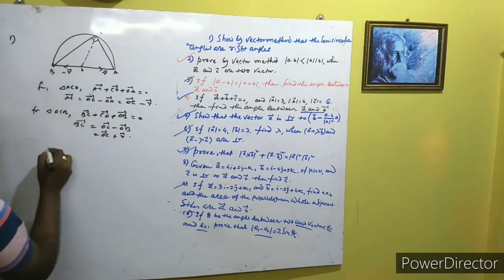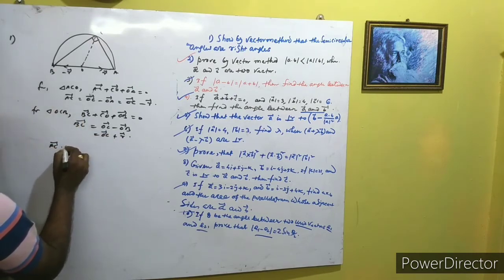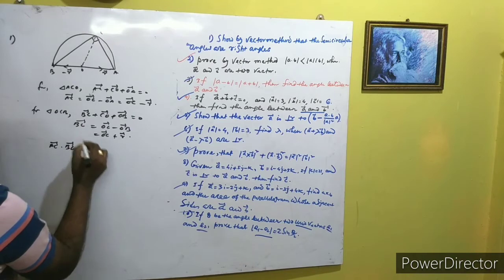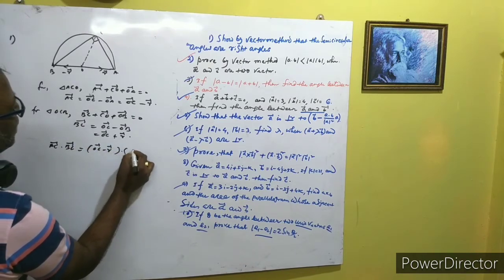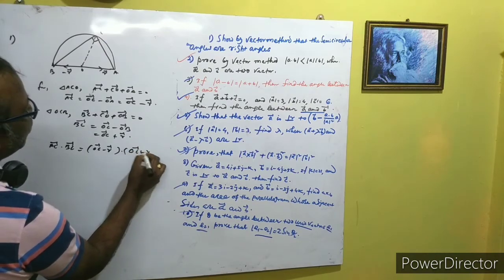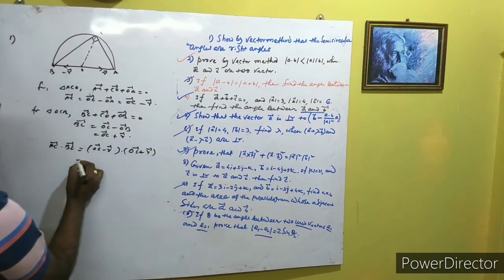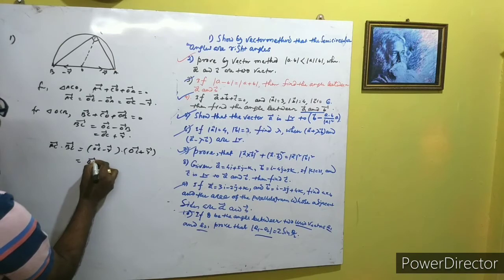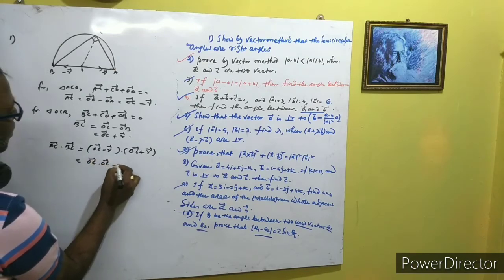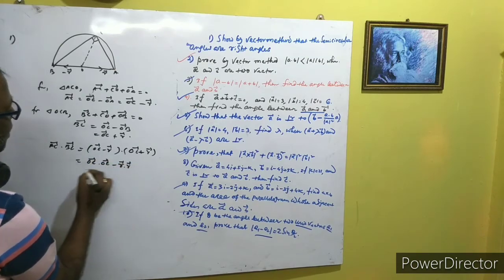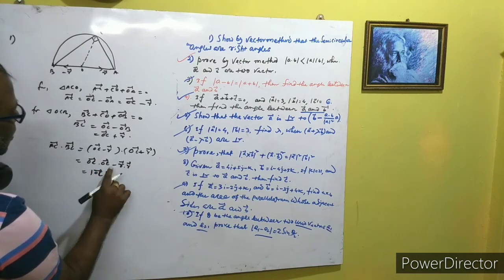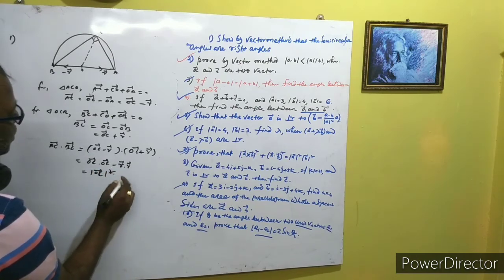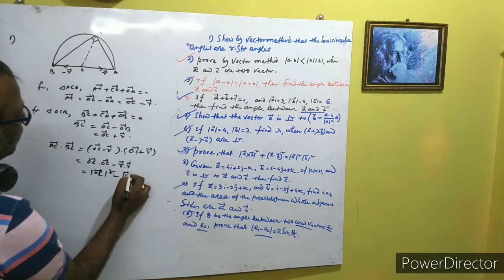So now take the dot product with AC. AC is OC minus R vector, and BC is OC plus R vector. So dot with this, we get OC dot OC minus R dot R. So we can write mod of OC square minus mod of R square.